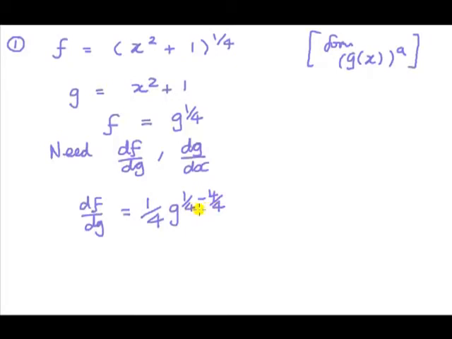We're doing it this way to get the same common denominator, from which we can see that this is going to be g to the minus 3 over 4. Next, dg by dx, here's g in terms of x, apply the standard rule to x squared plus 1. So that's that, and then we put them together.